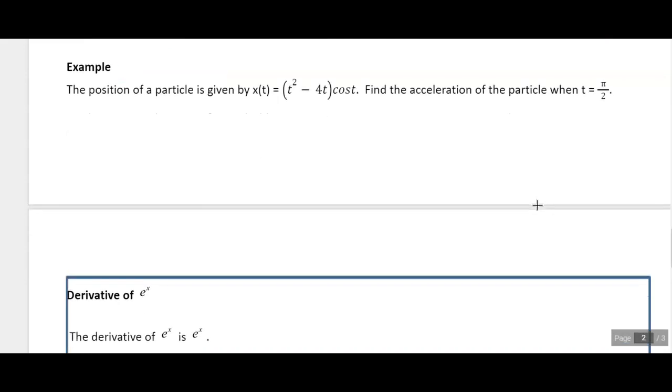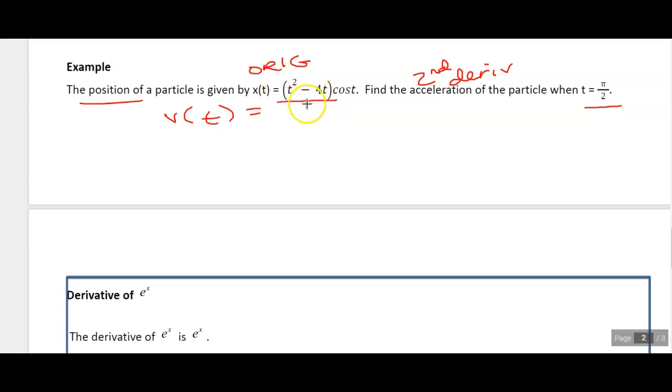All right, let's look at our example. So the position of a particle is given by this function. So if that's position, that means that this is our original. Okay, I like to make a note. And find the acceleration. So I want the second derivative, and they're going to give us a value. So my first, which is velocity, and if you want to change x, v is recognized as velocity, so it's your choice.